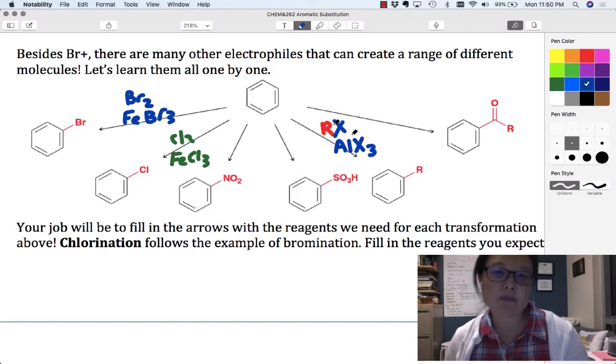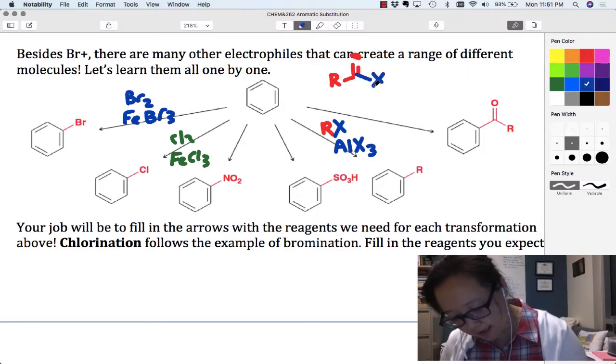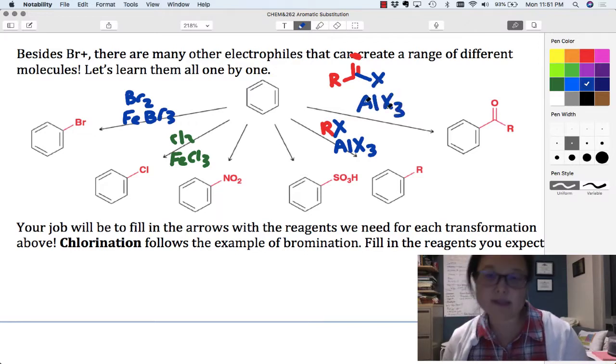Okay, so aluminum tends to work better for these R groups. I could also add a carbonyl in an R group. So usually to do that, I need to have that group, and then again, some kind of a halogen attached, and AlX3 catalyst. So these are all very similar to each other.